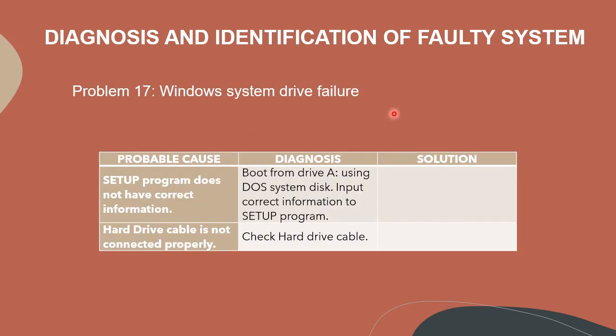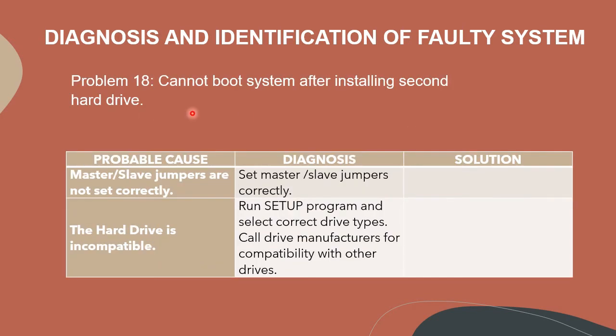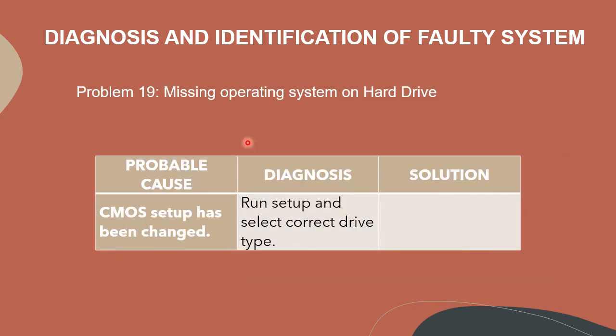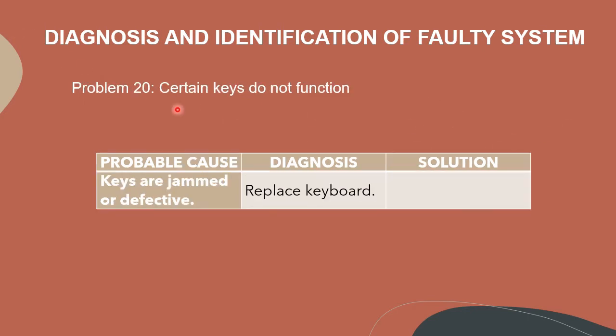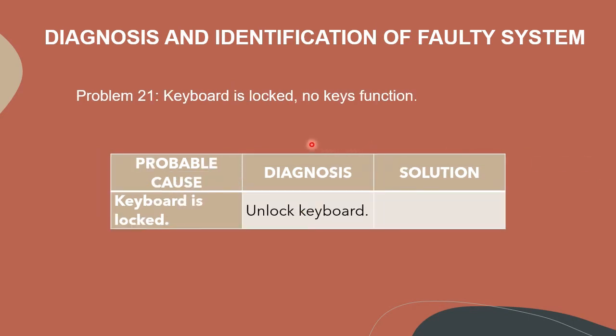Windows system drive failure. 18. Cannot boot system after installing second hard drive. 19. Missing operating system of hard drive. 20. Certain keys do not function. And last one, keyboard is locked or no keys function.